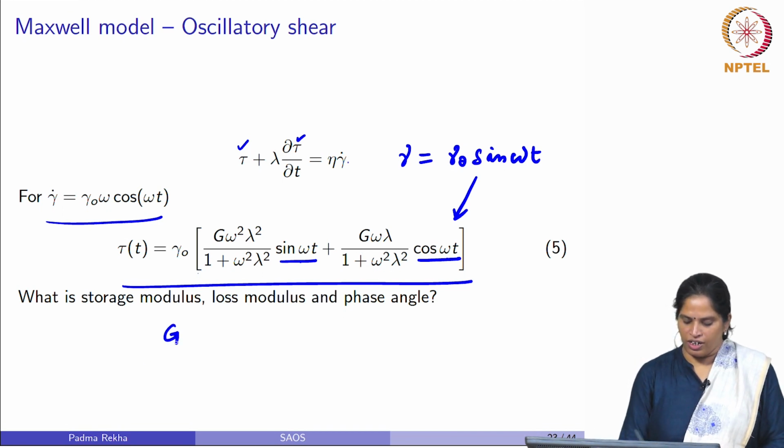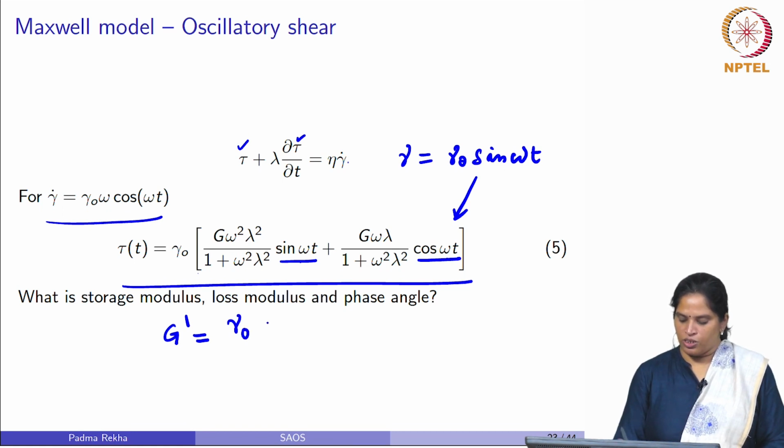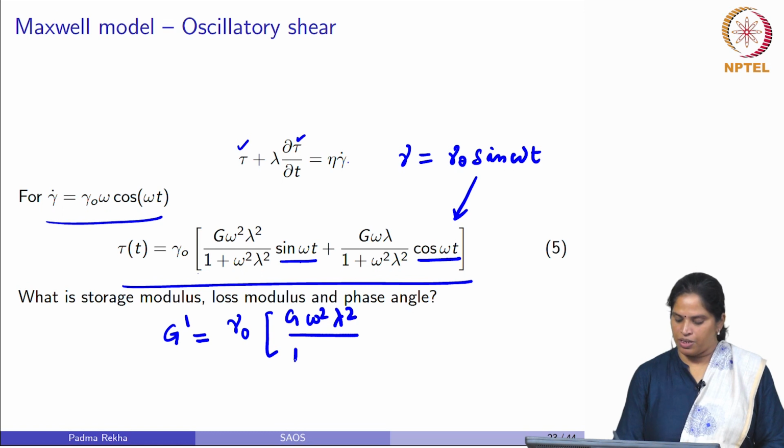Again, you have a coefficient of the sin term and a coefficient of the cos term. We defined the coefficient of the sin term to be the storage modulus. So, the storage modulus here is gamma naught G omega square lambda square divided by 1 plus omega square lambda square.